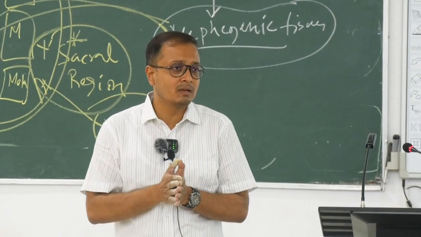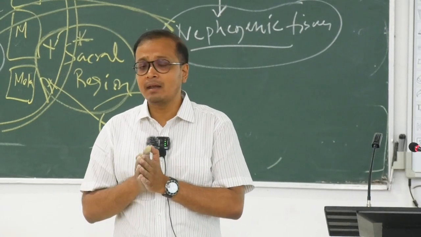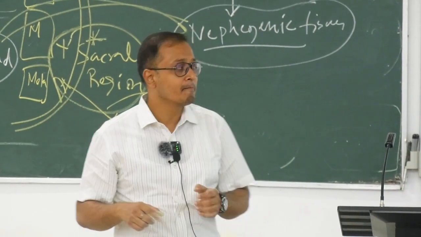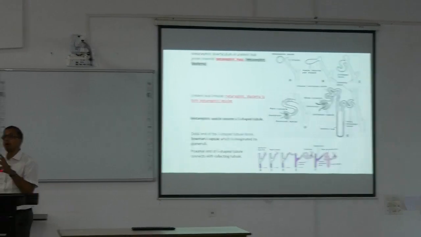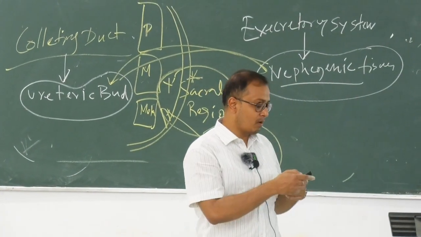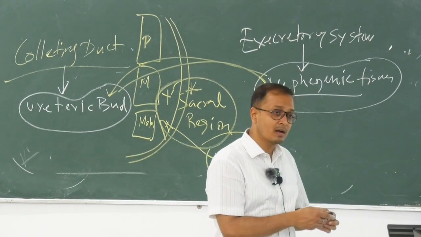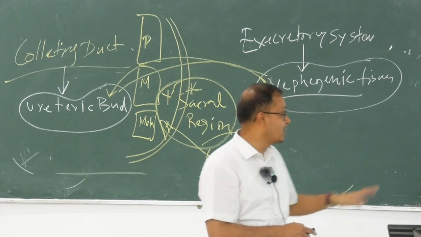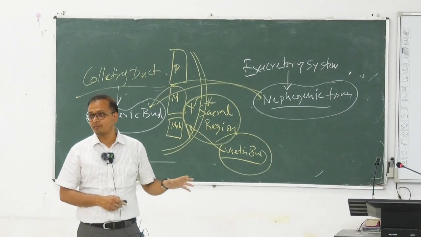This collecting system unites with the excretory system and eventually gets completely developed. So if the metanephric vesicles and the ureteric bud fail to interact properly, we have a problem with the whole kidney development, which is a point of concern for us. So this is how the kidney system develops from different regions in different phases of life.